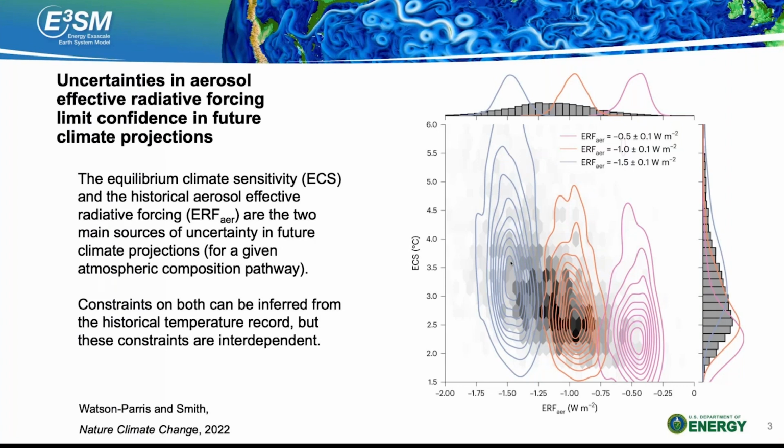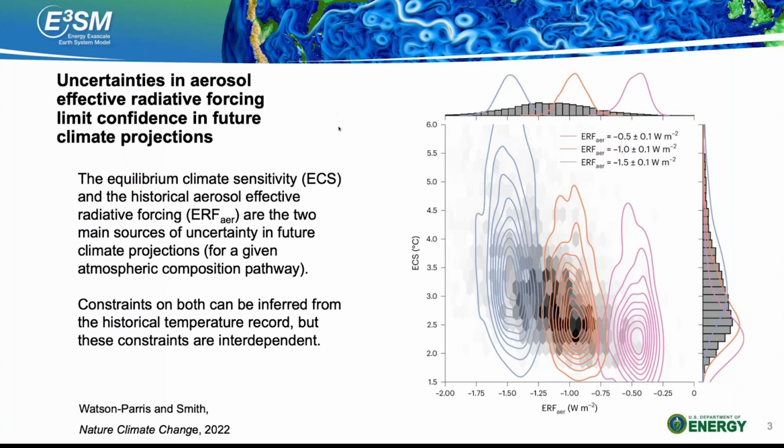But the temperature record constrains the ECS jointly with the historical aerosol effective radiative forcing, since that also had a significant impact on the historical temperature. And because of this joint constraint, uncertainties and biases in the ERF for aerosol can impact not only our simulated historical temperature record, but also at a more fundamental level, our ability to constrain the uncertainty in future climate projections via the climate sensitivity.